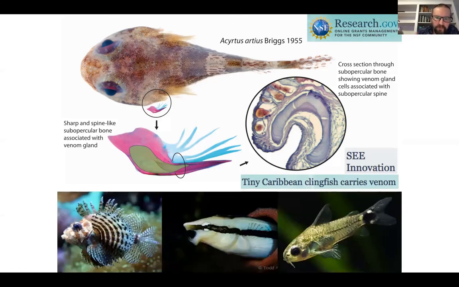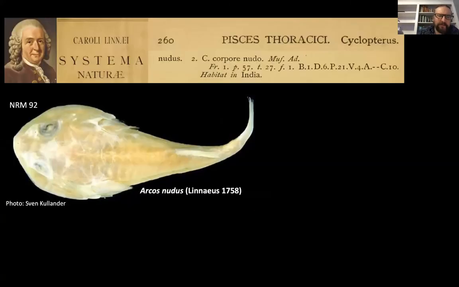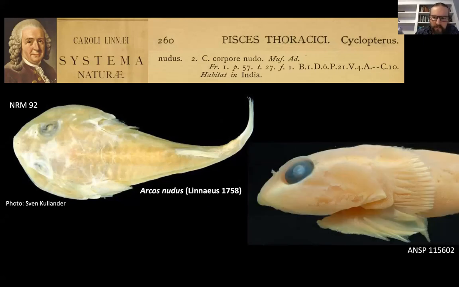So what we have here is potentially a toxic clingfish, and of course there's other groups of toxic fishes out there, but clingfishes were not really considered to be venomous before, and we think we might have the first example. So what's truly remarkable, and this is the reason I wanted to tell you about this, is that we found something very similar in Gobiesox nudus.